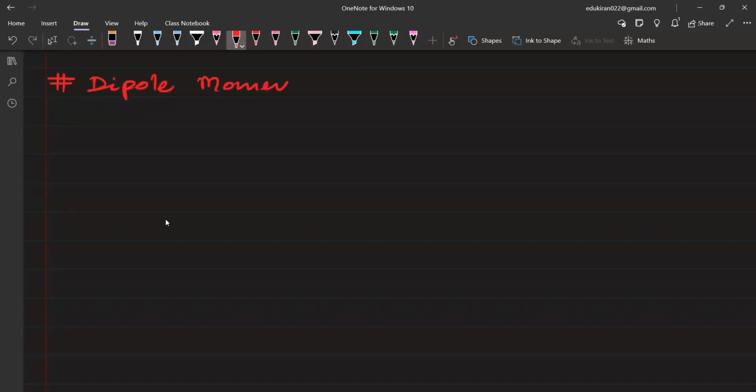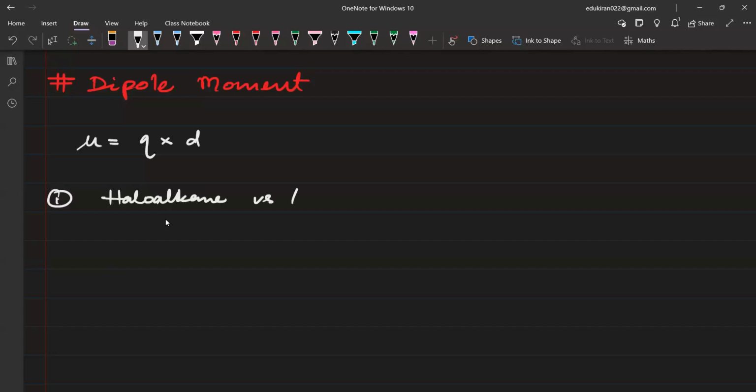Now, since you all know what is dipole moment, it is mu, that is the product of the charge and the separation between the charges, q into d. It depends on two things, the charge and the distance. Now the first thing that we have to compare is haloalkane versus haloarene.